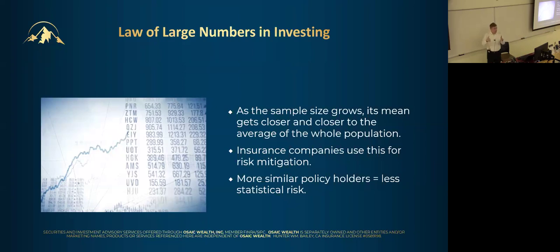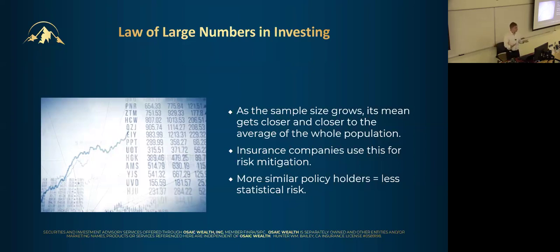It's less likely that they're both going to have the exact same outcome and they're both going to pass and I have to pay out both policies. Add another, the risk goes down even more. Add another, and another, and another, and then statistically, my measurement of the probability of something happening to one of the people I'm insuring gets closer to the statistical average of the entire country. So more similar policyholders equals less statistical risk.